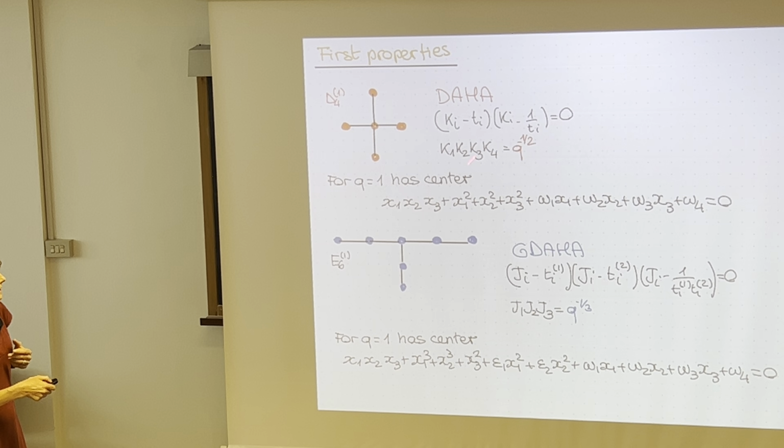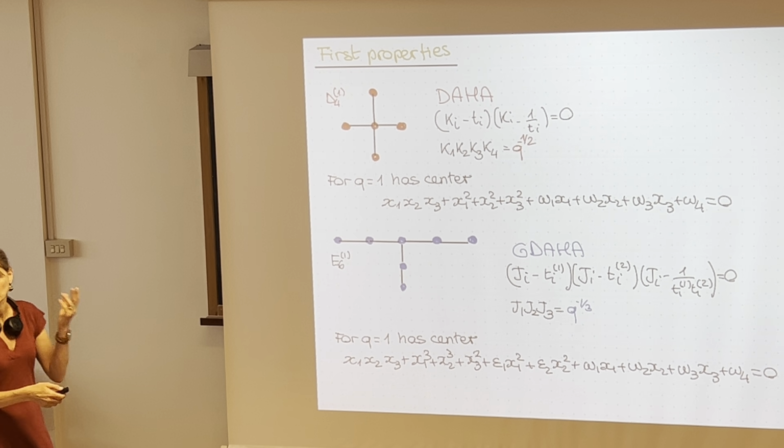Let me say a few things: we have an affine variety, written in three variables x1, x2, x3, which satisfy one relation. And these omegas here are related to these t_i by some formula, which you don't need to know.